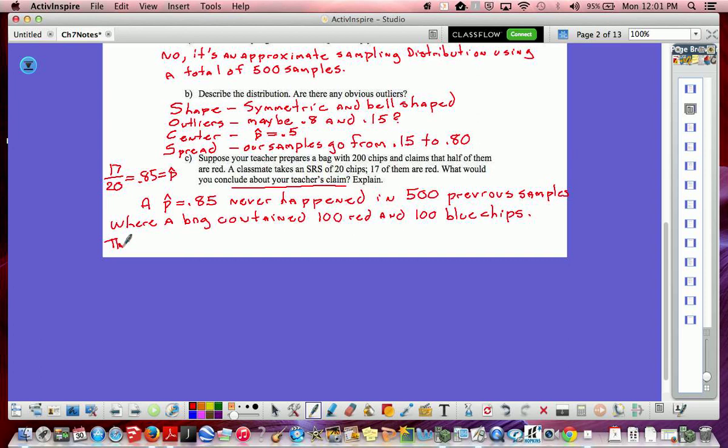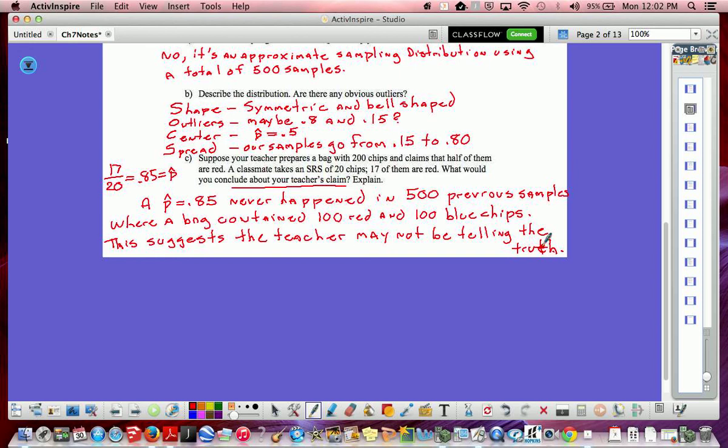This suggests the teacher may not be telling the truth.